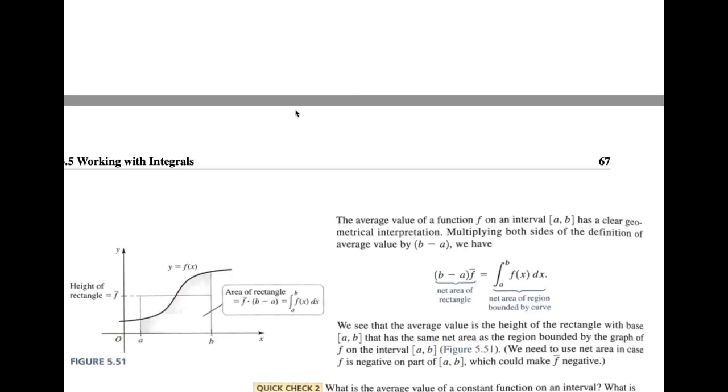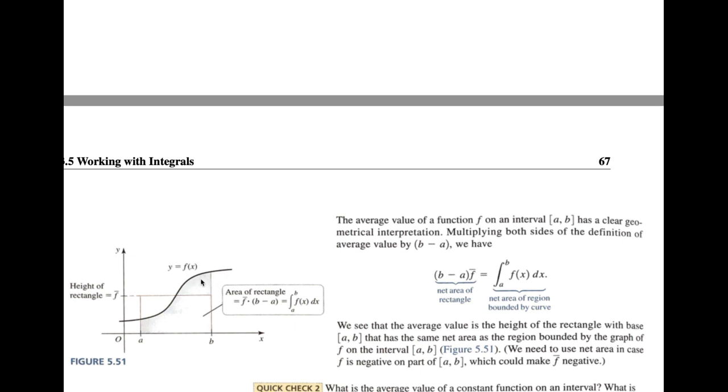Now suppose we have a function which is defined on the interval from a to b, say. It takes on lots of values, actually a whole interval of values. Does it make sense to talk about the average value of the function? I mean, we can't possibly add together infinitely many values and then divide by infinity.